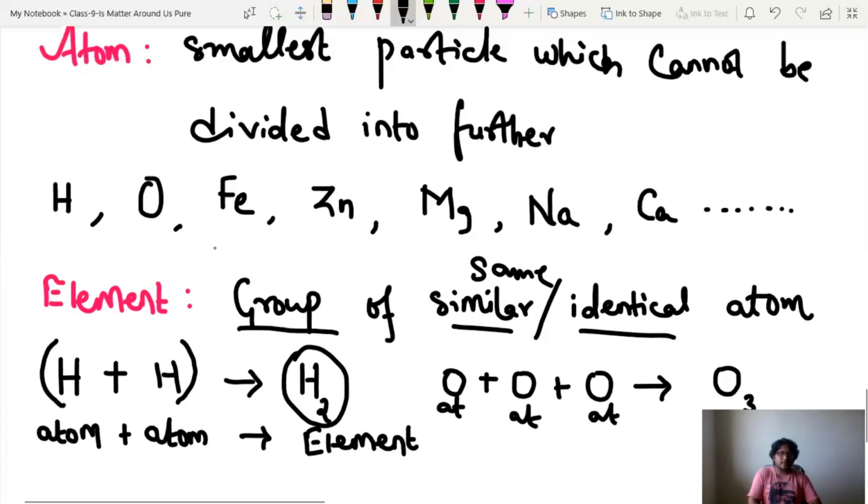Group of in the sense there may be two or more. So you can have definition like this also. Two or more same atoms, two or more similar atoms, or group of two or more similar identical atoms. Atom plus atom plus atom gives rise to oxygen element. That is the actual meaning of element, and both atom and element both are different.